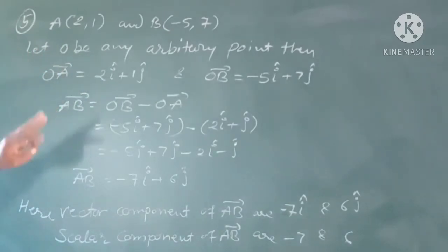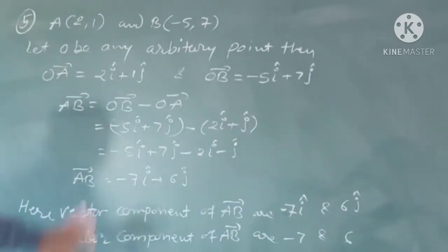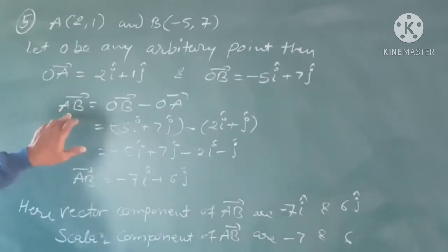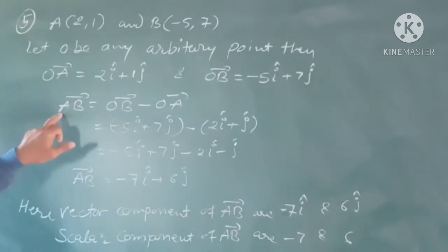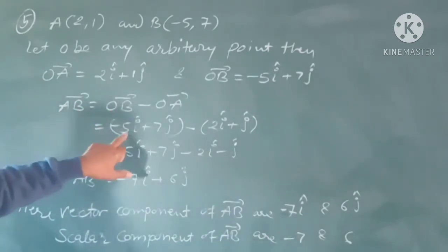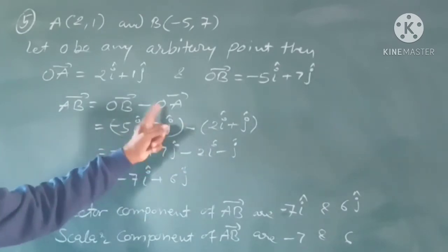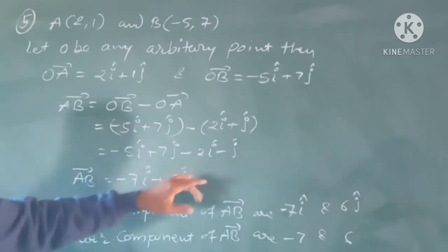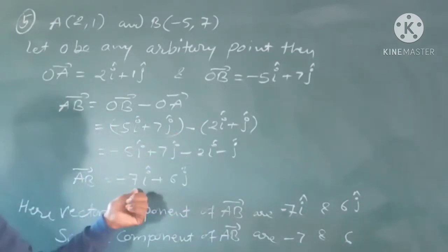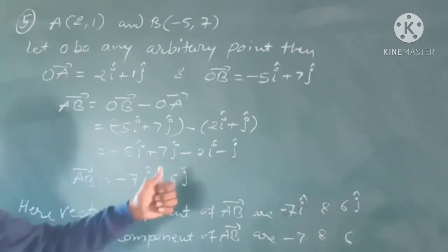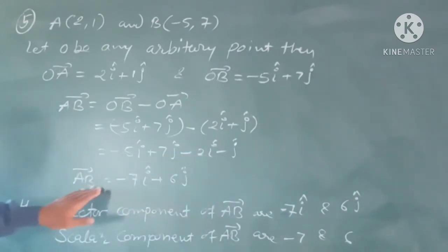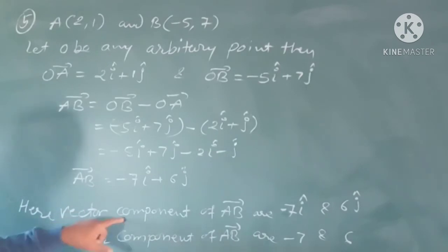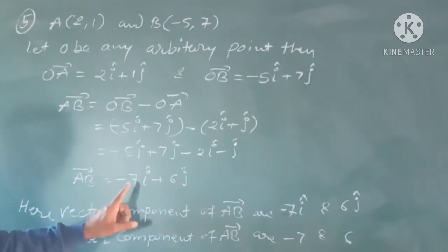If it is 3 dimension, then i, j and one more, that is k cap. So we have to find vector AB. AB means OB minus OA. So OB, minus 5i plus 7j, minus OA, that means 2i plus j. When you open the bracket, both will be negative. So minus 5 and minus 2 means minus 7 i cap, and 7 minus 1 is 6 j cap. So this is vector AB. So the vector component of vector AB is minus 7 i cap and 6 j cap, and the scalar components of vector AB are only minus 7 and 6.